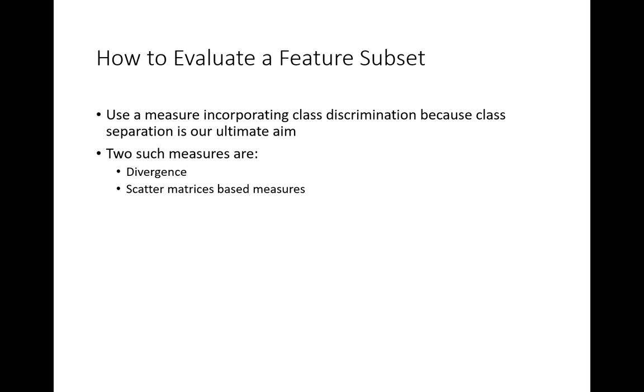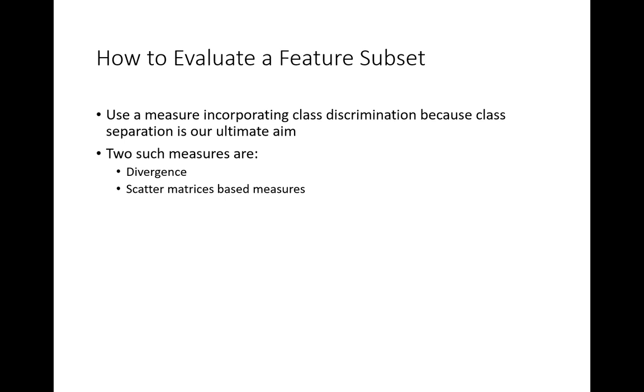And suppose we are doing this subset selection to build classification models. In that case, we can use an evaluation metric that will tell us whether this subset is good for a classification model or not. And if it is good, we will keep it. If it is not good, we'll discard it.